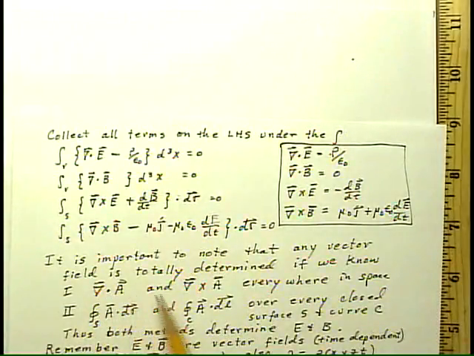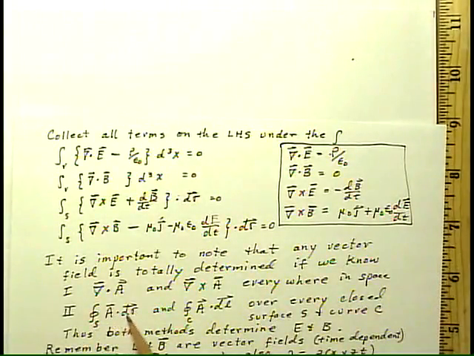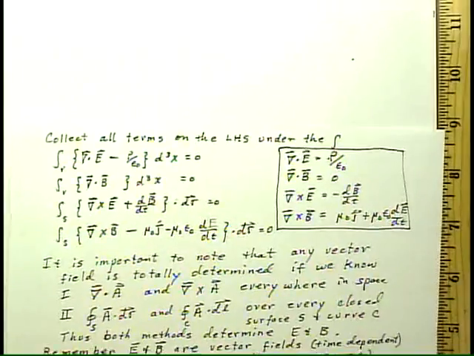If we know del dot A and del cross A everywhere in space, that'll determine A. If we know the integral over a surface of A dot d sigma and the integral around a curve of A dot dl over every closed surface and curve in space, that will determine the vector field A. Thus, the methods that we have in Maxwell's equations are exactly what we need to absolutely determine both the electric field and the magnetic field throughout space, whether we deal with these equations in their integral form or in their differential form.